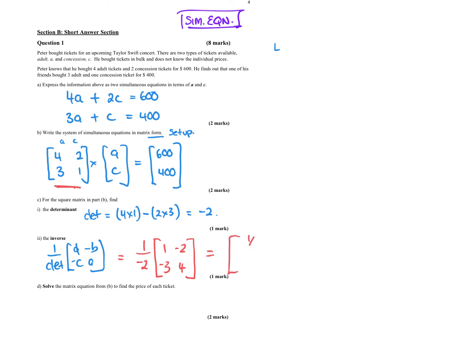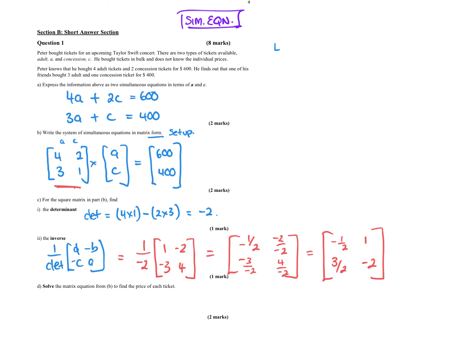So it's negative a half, negative 2 on negative 2, negative 3 on negative 2, and 4 on negative 2. And even that will simplify down to negative a half, 1, 3 on 2, and negative 2. Okay, so you'll end up with that answer.